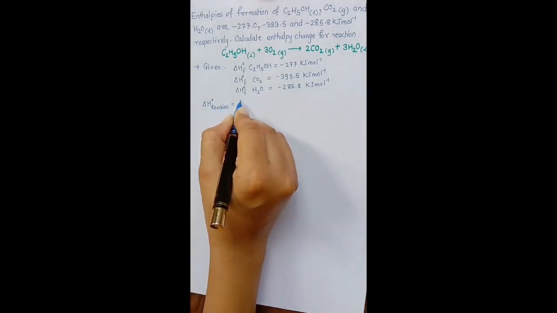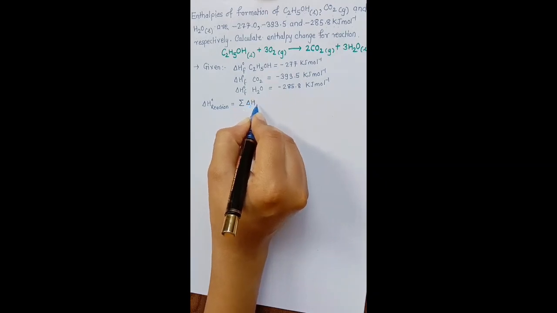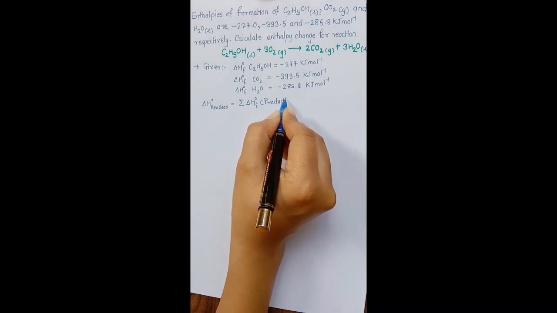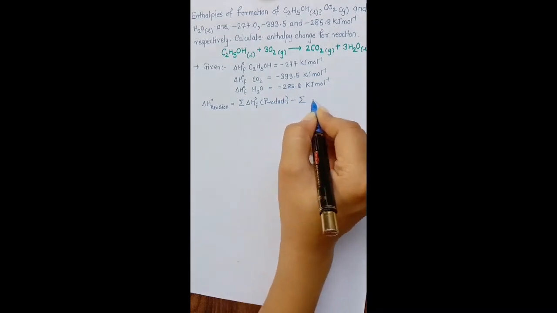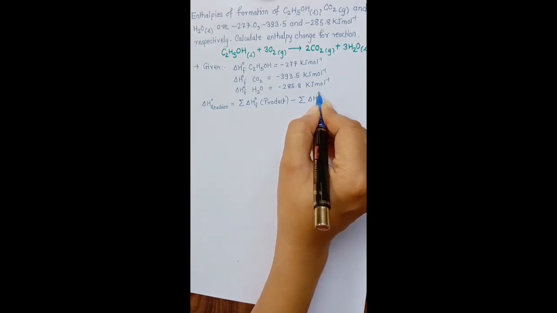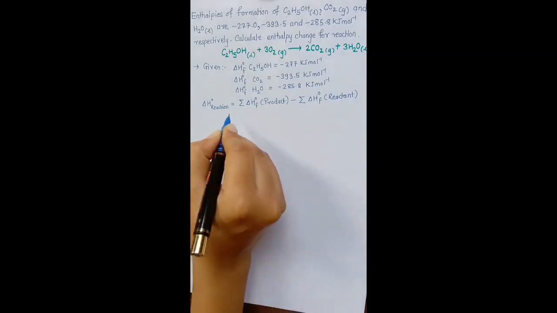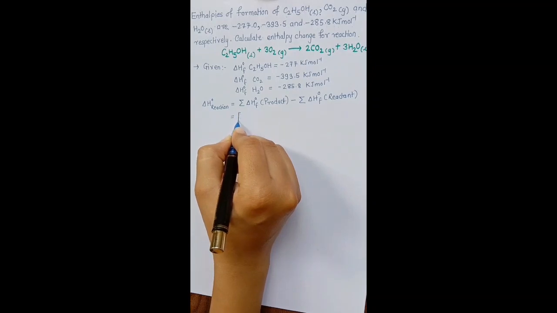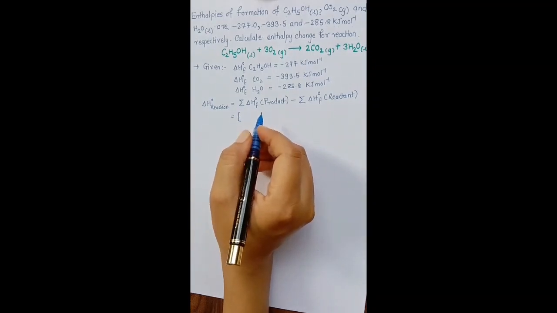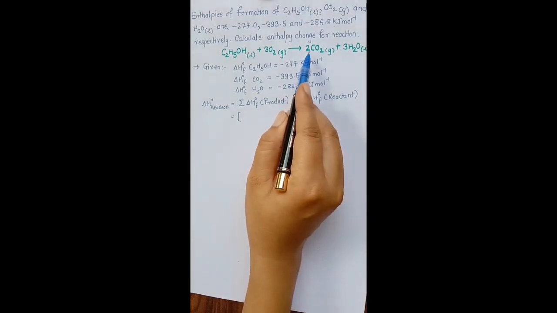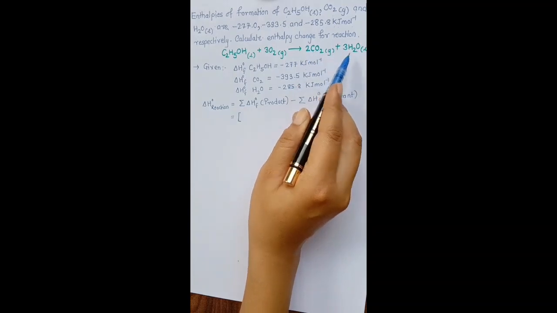So now we know that delta H naught for reaction is equal to summation of delta HF naught of products minus summation of delta HF naught of reactants. Now putting the values, we have seen in the previous lecture that we have to consider the stoichiometric coefficient of each and every term. The stoichiometric coefficients of products are 2 in 2 moles of CO2 and 3 moles of H2O.